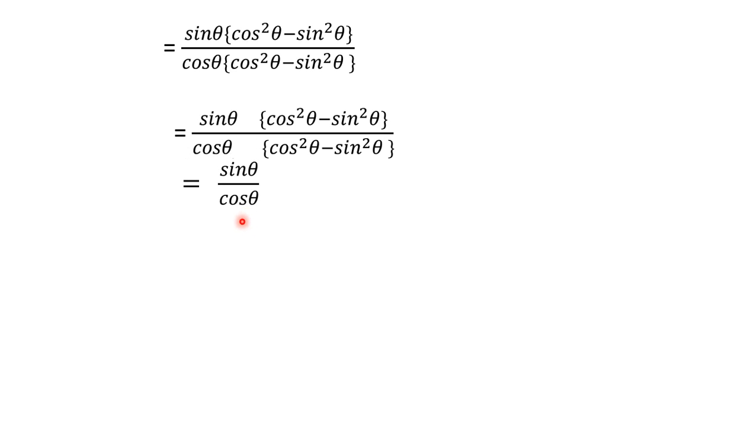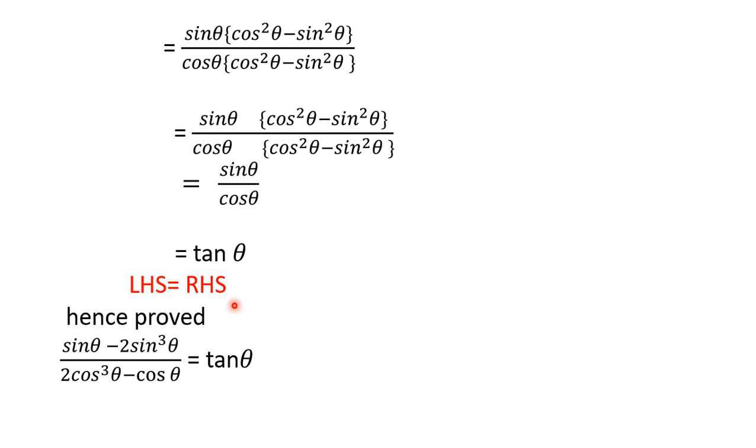We get sin theta upon cos theta, and sin upon cos is the quotient relation, known as tan theta. This is nothing but the right hand side. So the left hand side is equal to the right hand side, and hence proved that sin theta minus 2 sin cube theta upon 2 cos cube theta minus cos theta is equal to tan theta.